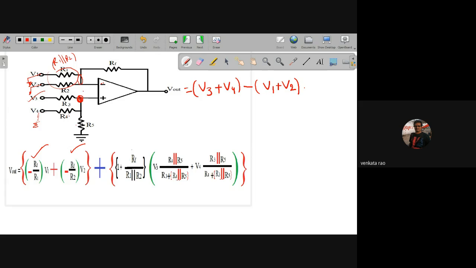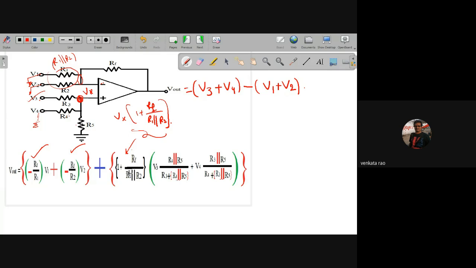Let us take the voltage here as Vx. Now the output voltage with respect to V3 is Vx into 1 plus Rf by R1 parallel with R2. This is the equation that I have written here.